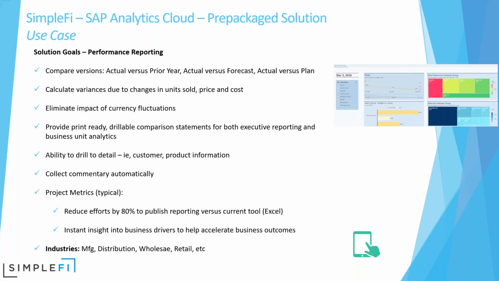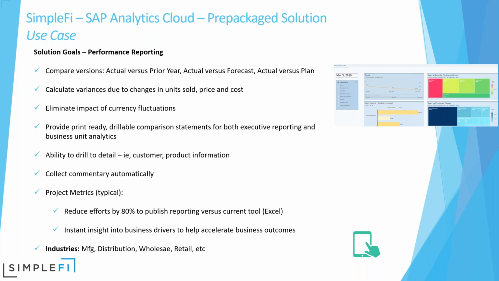So eliminating the currency fluctuations prevents your international companies from having to explain variances that aren't truly operational variances, that are really just due to swings in FX. Without having that automated, it can be a challenge, and FX can be commonly used as a scapegoat when explaining variances.